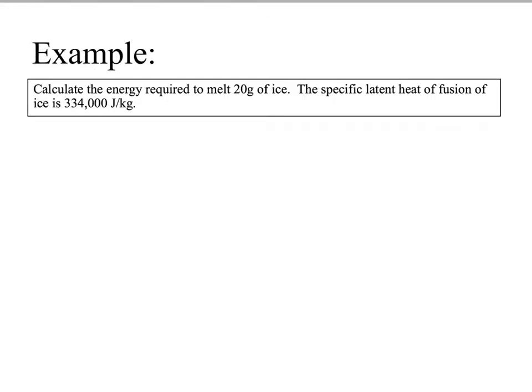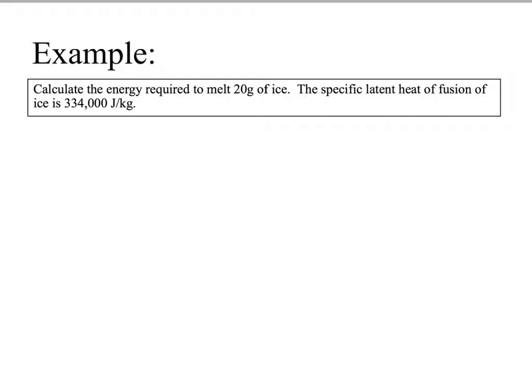We're going to look at an example of applying this equation. We're going to calculate the energy required to melt 20 grams of ice. The specific latent heat of fusion of ice is 334,000 joules per kilogram. Right, so before we go and look at our equation, one thing that I've noticed is that this question gives us a mass in grams.